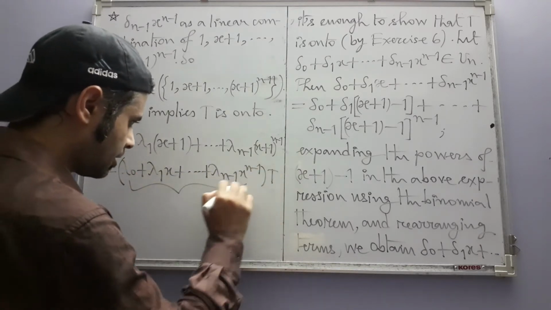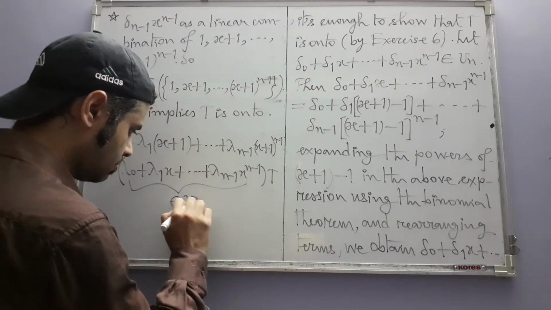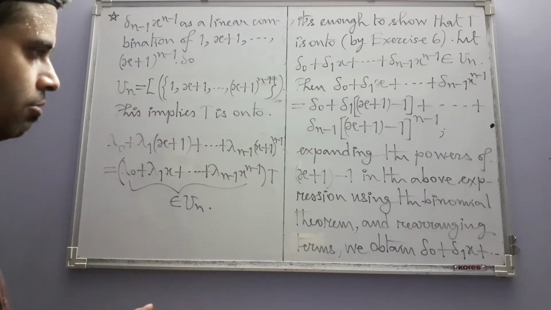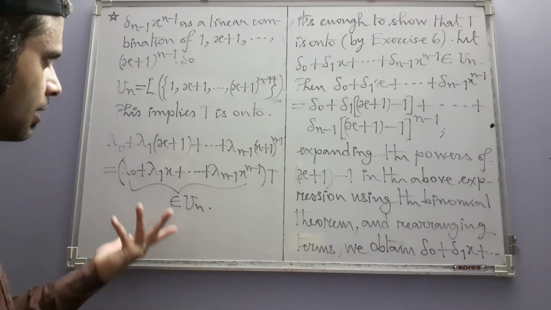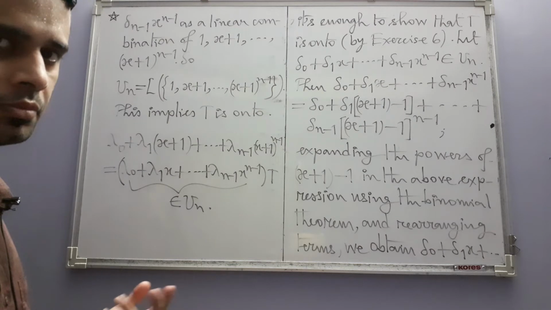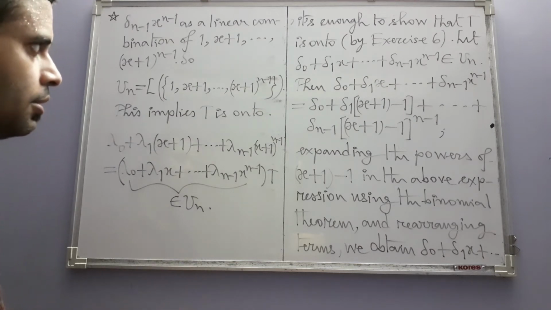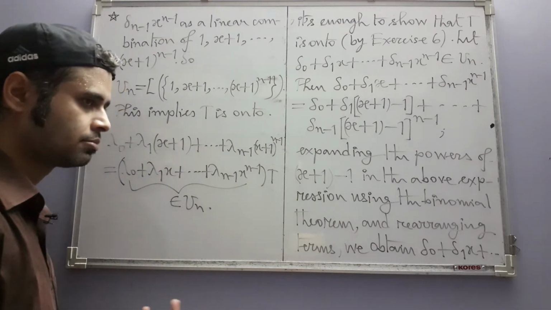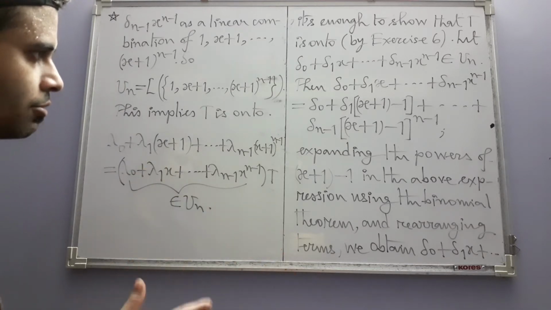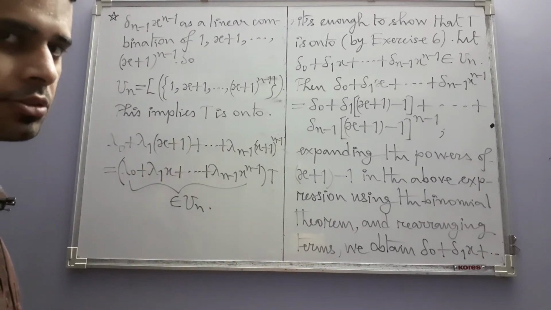And this polynomial is also in Un, and that is why T is onto. Instead of writing all these things, I have just simply written like this, which you can understand. Someone may blame me that I am not writing all the details, but sometimes it's okay.